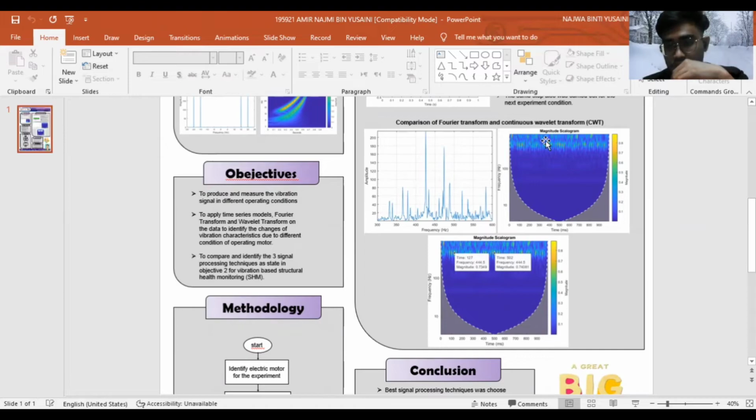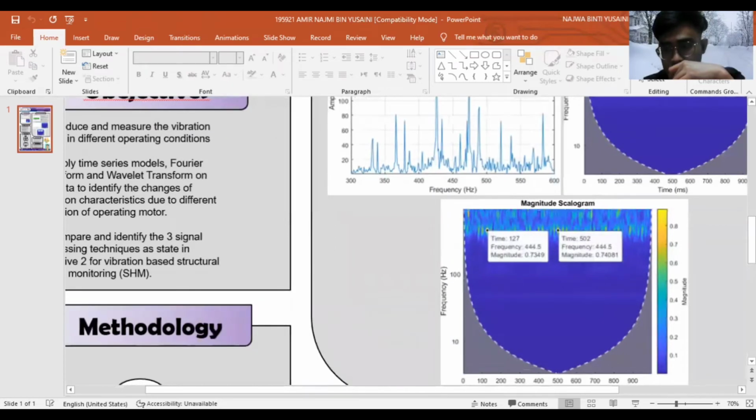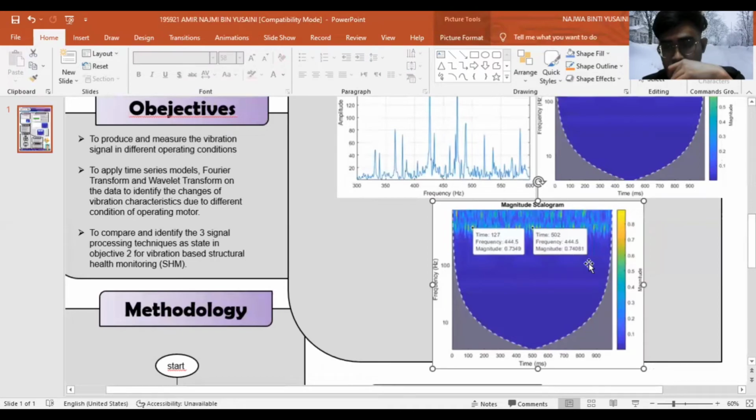If the intensity of the yellow color increases, it means higher magnitude and higher acceleration of vibration in the experiment. Here we can see closer: the yellow indicates high acceleration of vibration compared to the other colors, which are lower levels of magnitude.